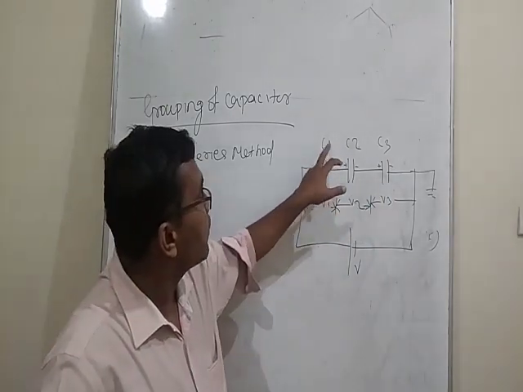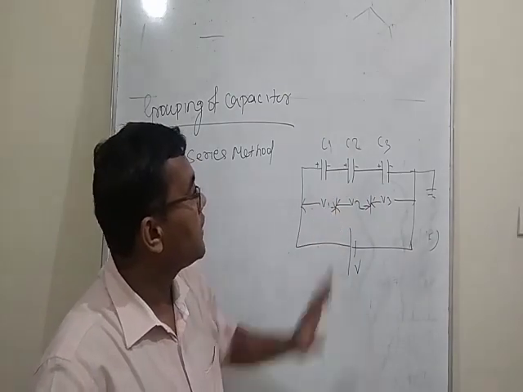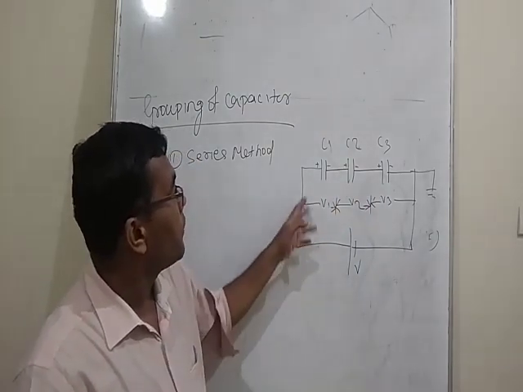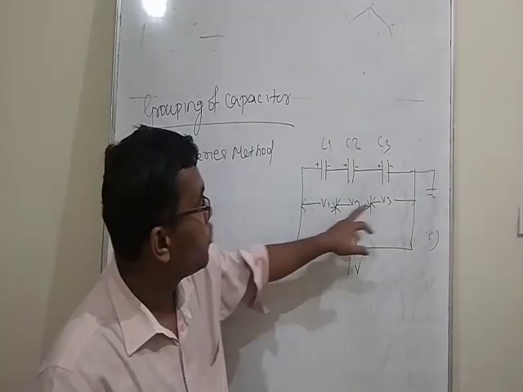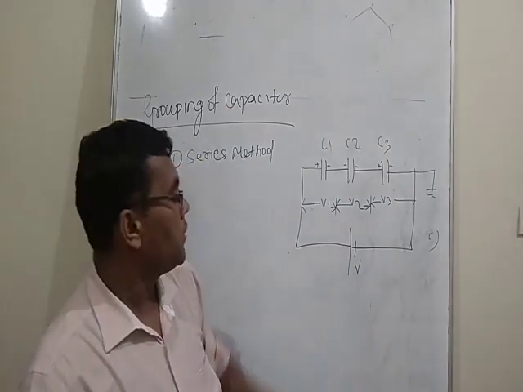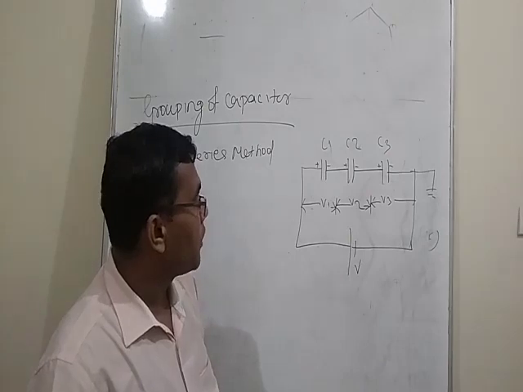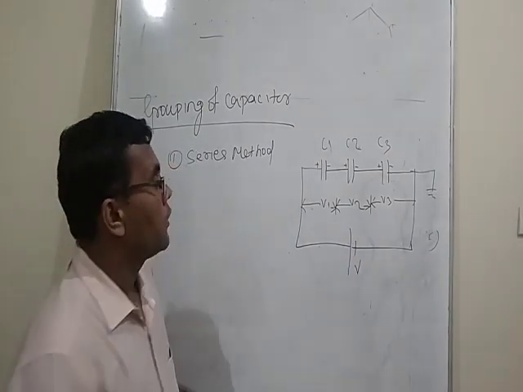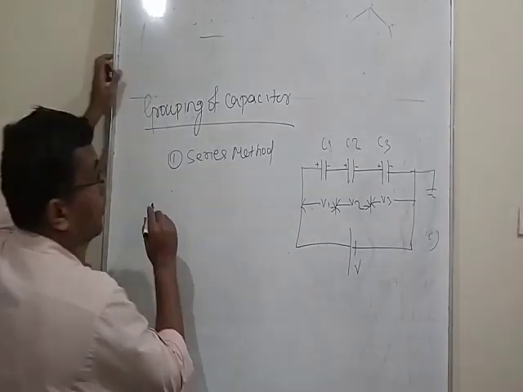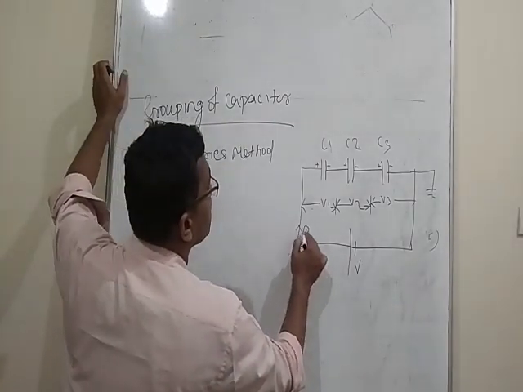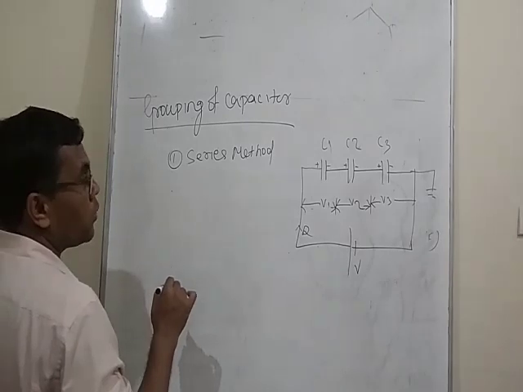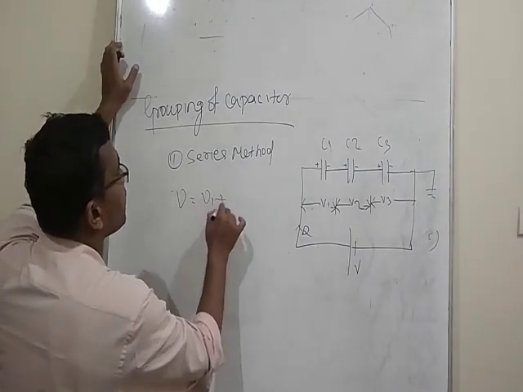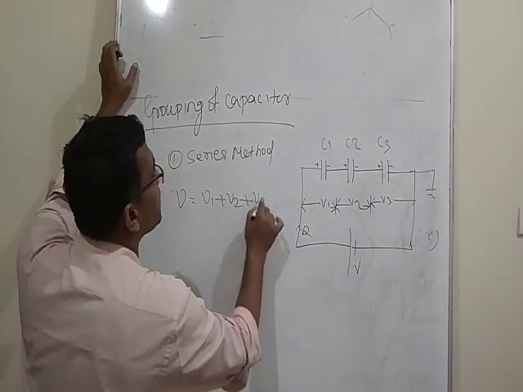Now three capacitors C1, C2, C3 are connected in series with each other. The individual potential differences across the three are V1, V2, V3. Let V be the total potential difference of the cell connected. Now Q is the charge flowing through the capacitors. So V equals V1 plus V2 plus V3.